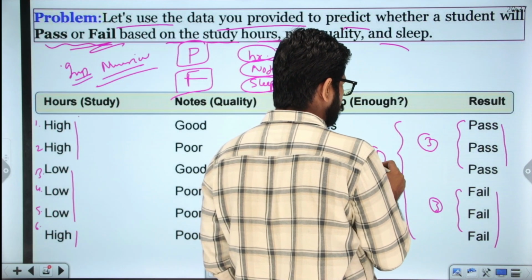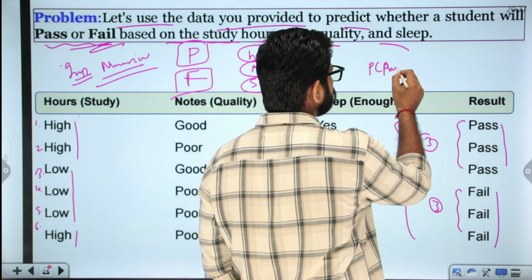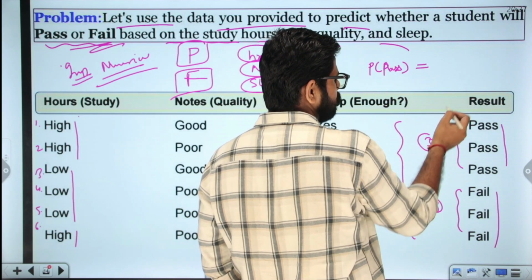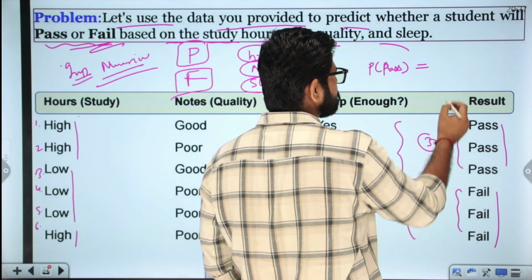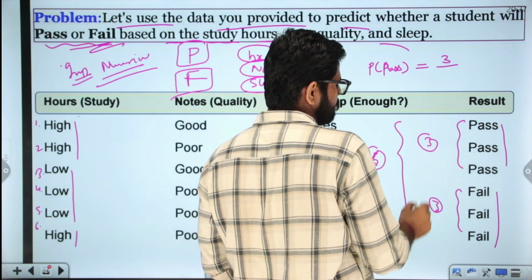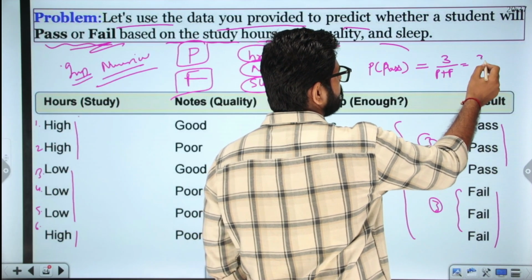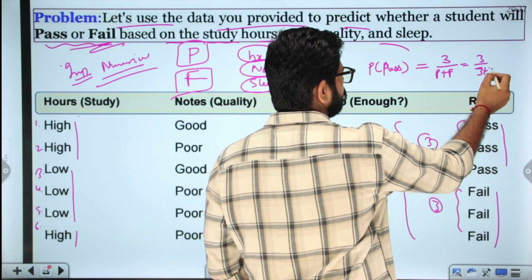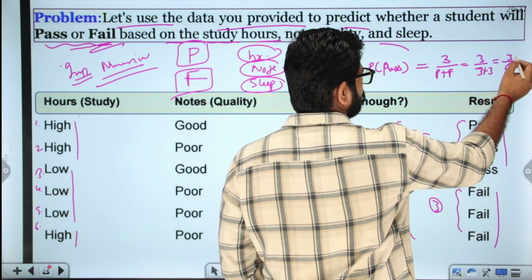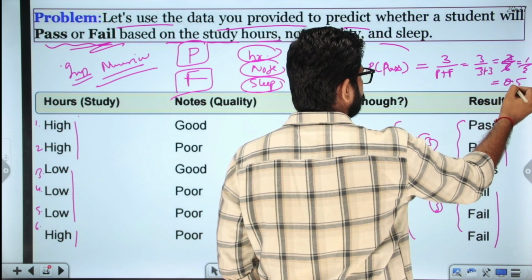So what is the formula for probability? Probability of pass is the total number of pass students, that is 3, divided by the total number of pass plus fail. So 3 divided by 3 plus 3 comes out to be 3 by 6, that is 1 by 2, which is represented as 0.5.